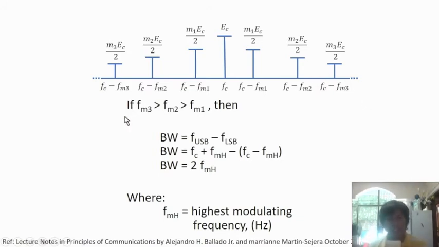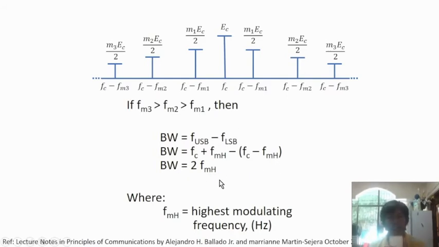Following this, if FM3 is greater than FM2 is greater than FM1, then our bandwidth would be equal to the upper sideband frequency minus the lower sideband frequency. This becomes the carrier frequency plus the highest modulation frequency, which is the upper sideband, minus the carrier frequency minus the highest modulation frequency, which is the lower sideband.